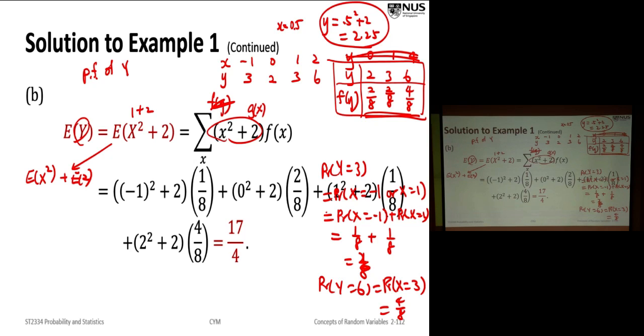So you just have to get back the expectation of x squared. We have already done it. 9 over 8. 9 over 8 plus 2. All right? This is 9 over 8 from part A, and this is 2, so the answer is 17 over 4. All right. So this seems to be even easier, because we have already worked out the expectation of x squared.